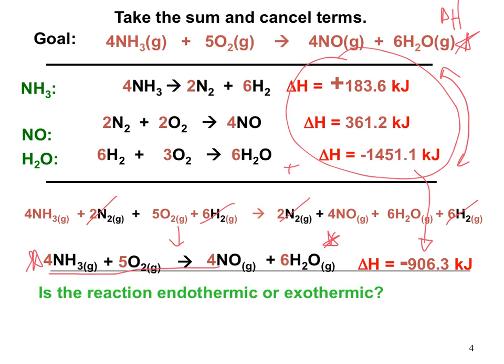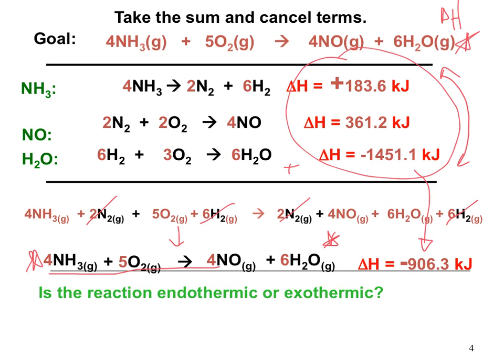Okay, so basically we've done all the flipping earlier on that we discussed and looked at on our last slide. We then cancel everything out and make sure that it matches the overall equation that they're asking for. Remember to pay attention to the states of matter. If they're not in the same phase, if they're not gaseous when they're supposed to be gaseous, then you don't actually have the equation that you need.